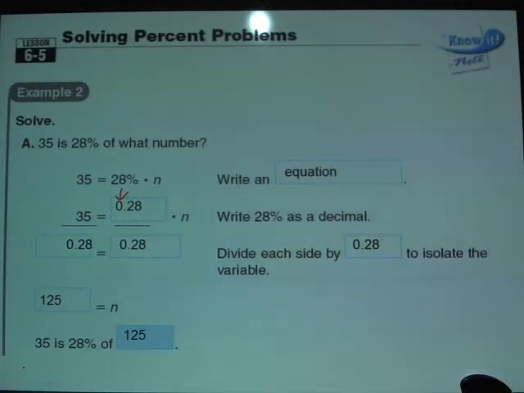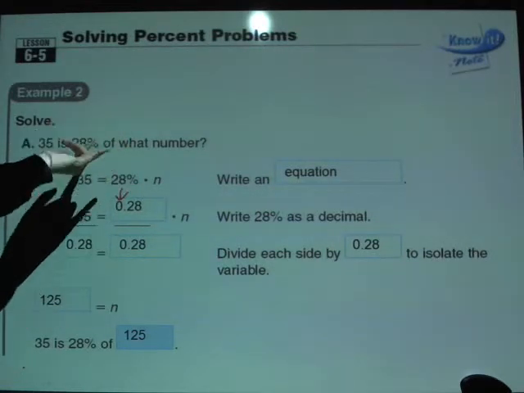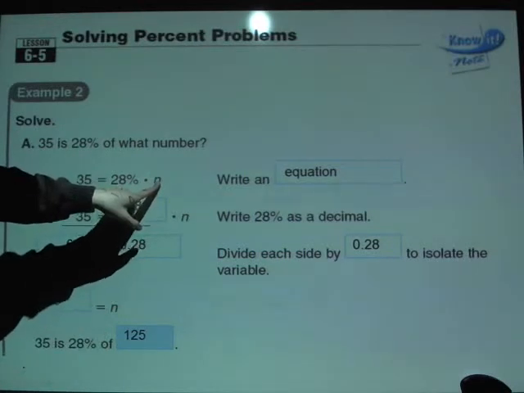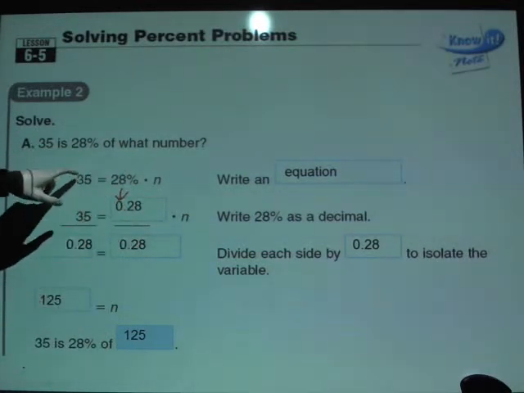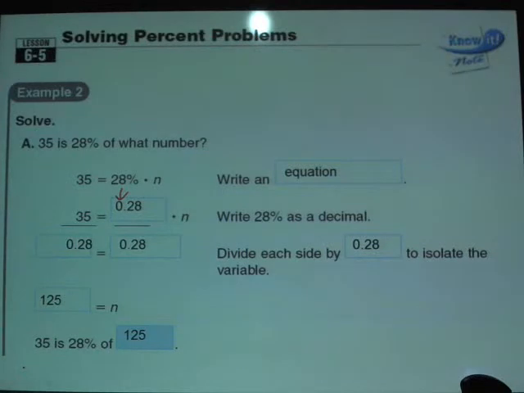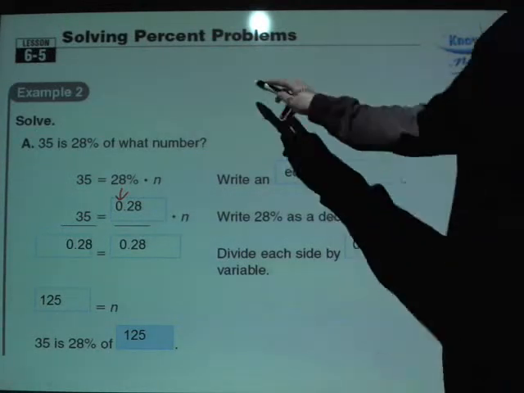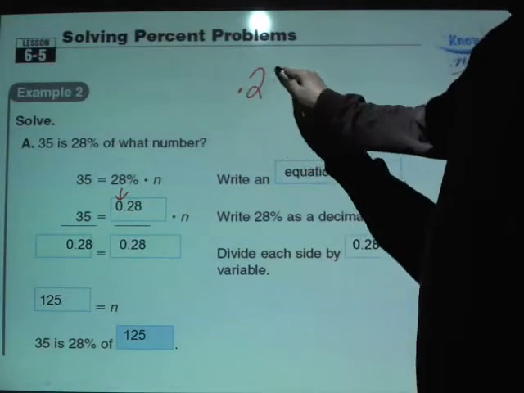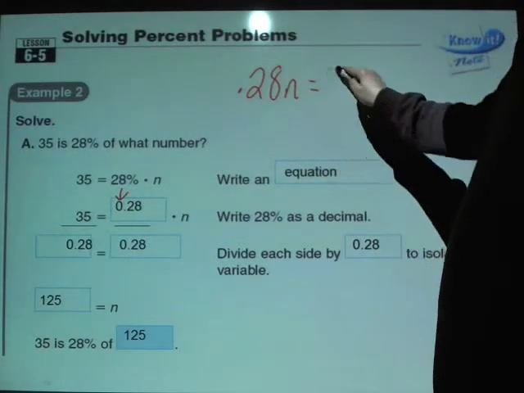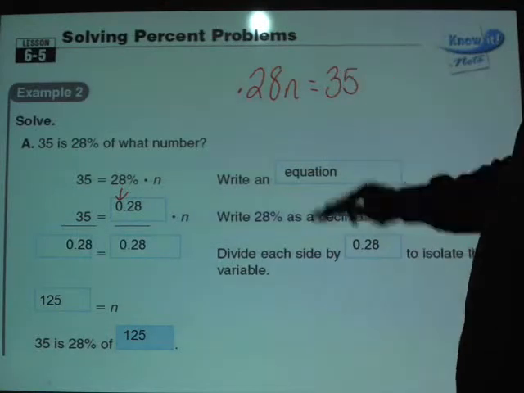All right, well, let's look at solving this now here. The very first thing I'm going to do is flip this around because the variable's on the right. I don't want the variable on the right, I want the variable on the left. So I'm going to invert this whole thing and rewrite it as 0.28n equals 35.